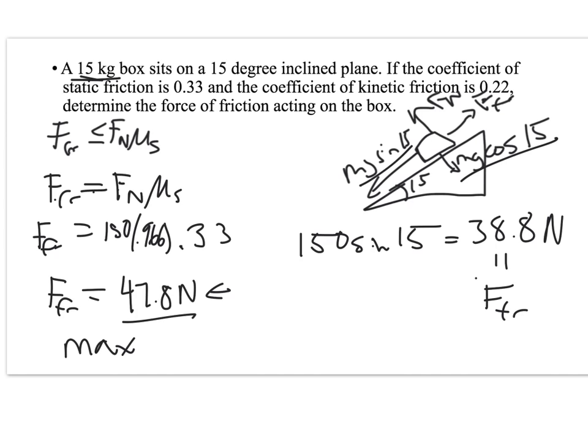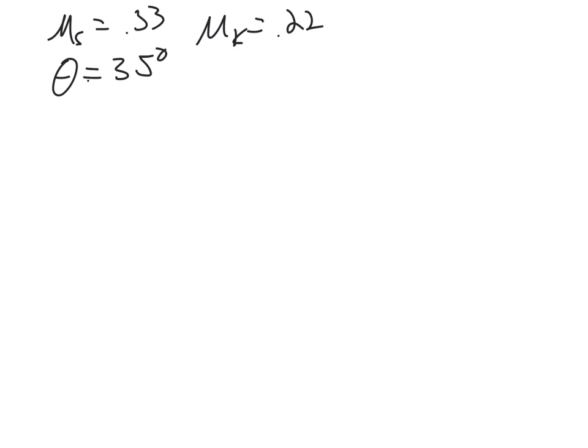So let's pretend we had a little bit different of an incline. Same coefficients of friction. Let me go ahead and write those. Coefficient of static friction, let's say it's still 0.33. Coefficient of kinetic friction is going to be 0.22. But this time, let's have a ramp that is at an angle of, say, 35 degrees.